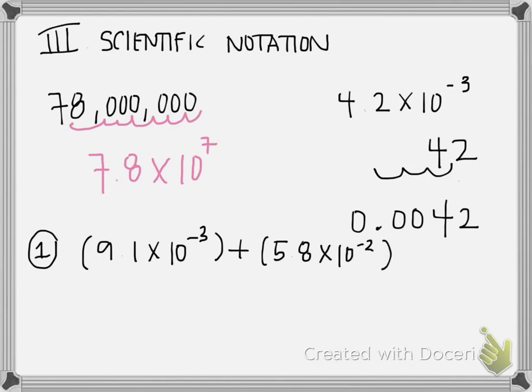Can't add those right there because they're not in the same form. I've got 10 to the -3rd and I've got 10 to the -2nd. So I need to make it 0.91 times 10 to the -2nd plus 5.8 times 10 to the -2nd. If I add those now, 0.91 plus 5.8, that's going to be 6.71.